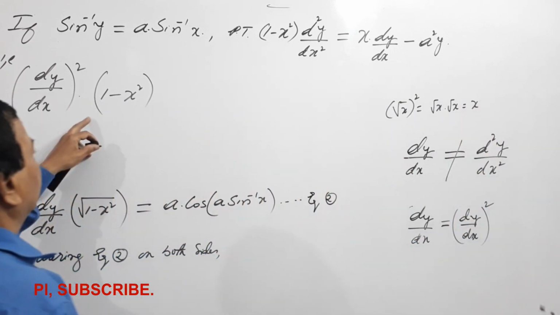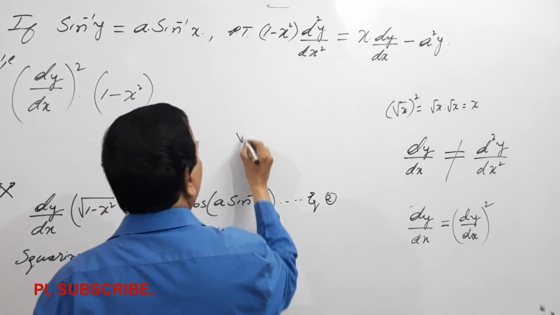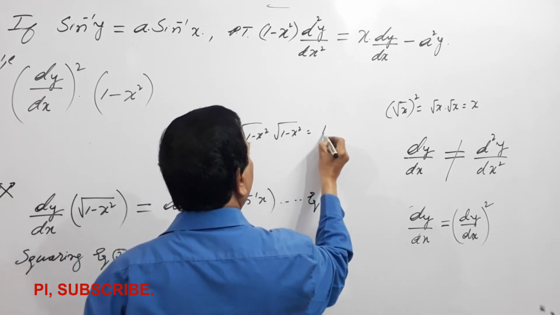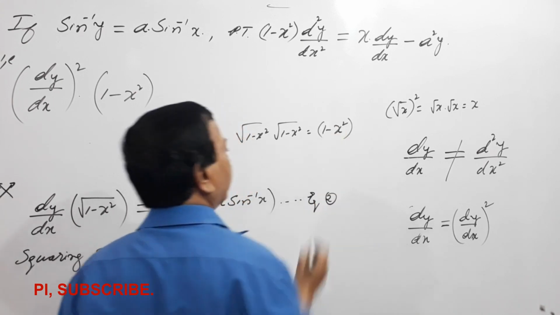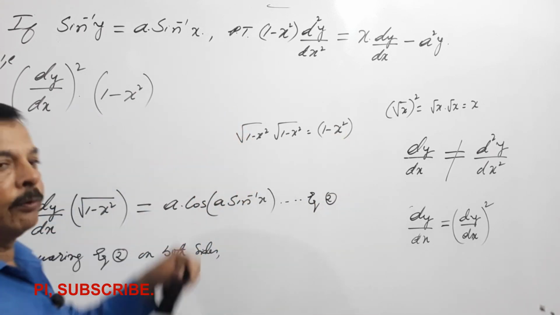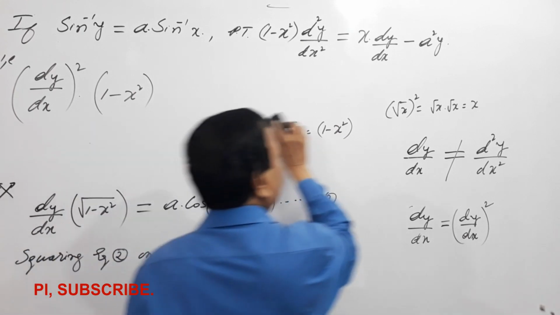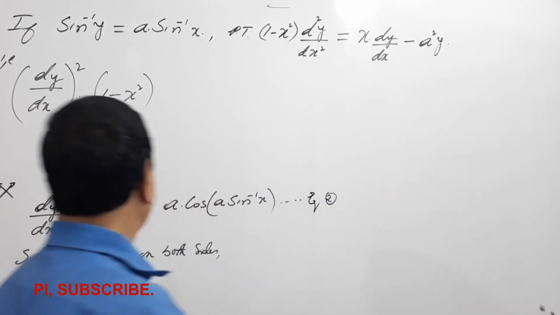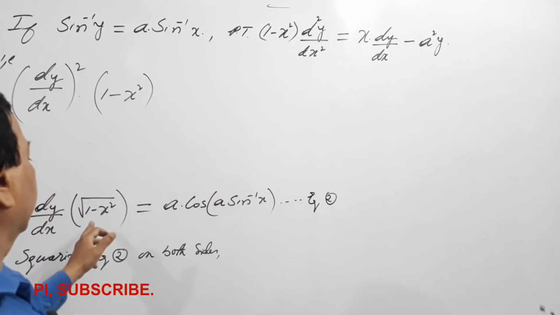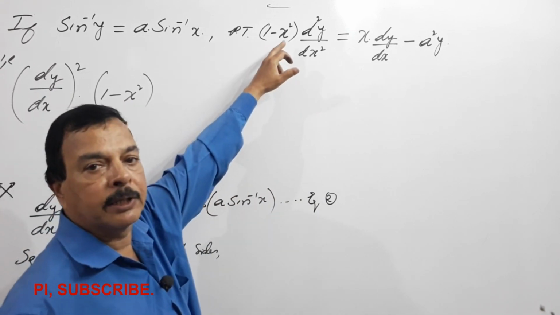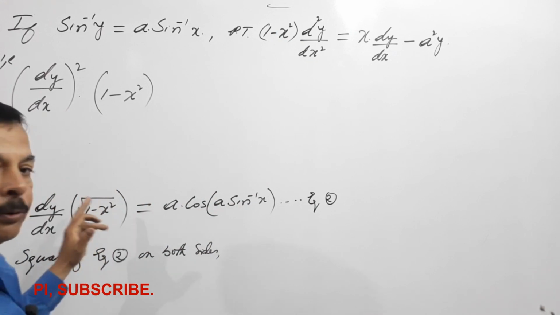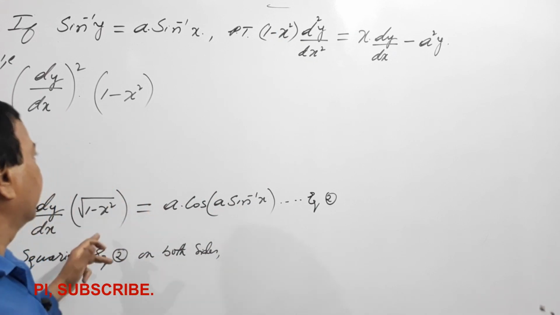So here this becomes 1 minus x square into 1 minus x square, which is nothing but 1 minus x square. So the root vanishes by squaring, because I want this 1 minus x square. Only if you square both sides will this root vanish. So in order to see that the root is cleared off, we are going to square both sides.